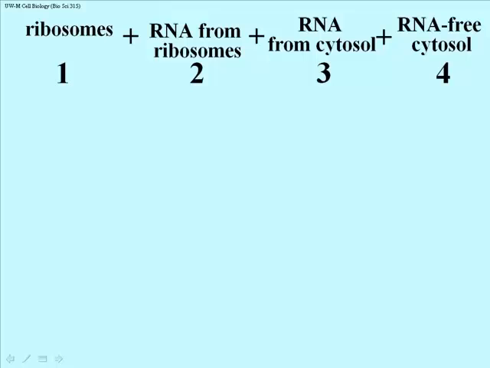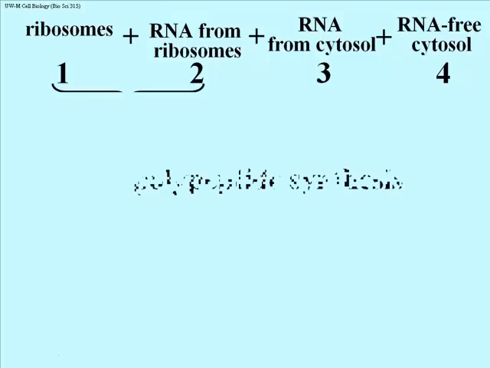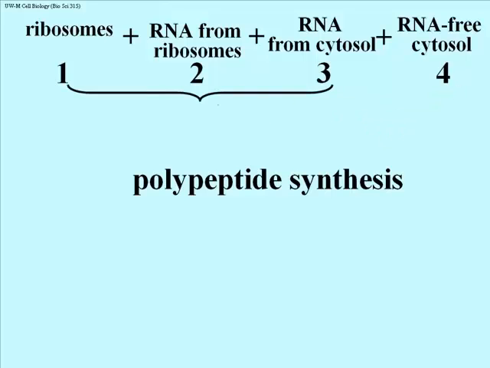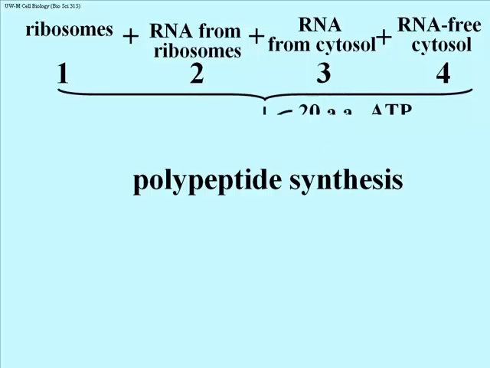He then did a reconstitution experiment, something we've seen before. He found that if he took the ribosomes and the RNA that had been extracted from ribosomes, added them back together, and threw in 20 amino acids and ATP, the same sort of experiment he did in the first instance, he did not get any polypeptide synthesis. In fact, he tried various combinations, as you see here, and got no polypeptide synthesis until, in fact, he added back all 4 components.